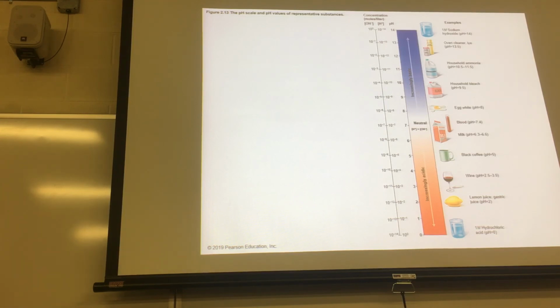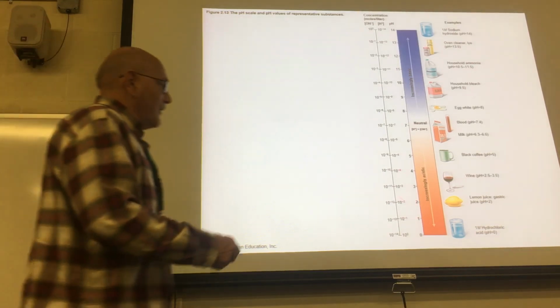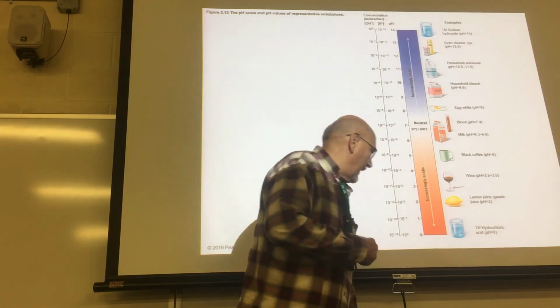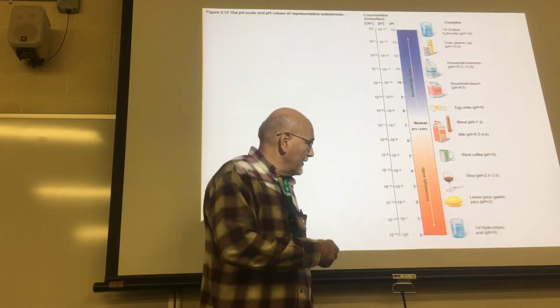So pH is a very important thing because if I'm an enzyme that's going to work at a certain pH, things don't happen. So here we go with stomach acid. You're around here. Okay, 1 to 3 is stomach acid. It's hydrochloric acid that's in your stomach.